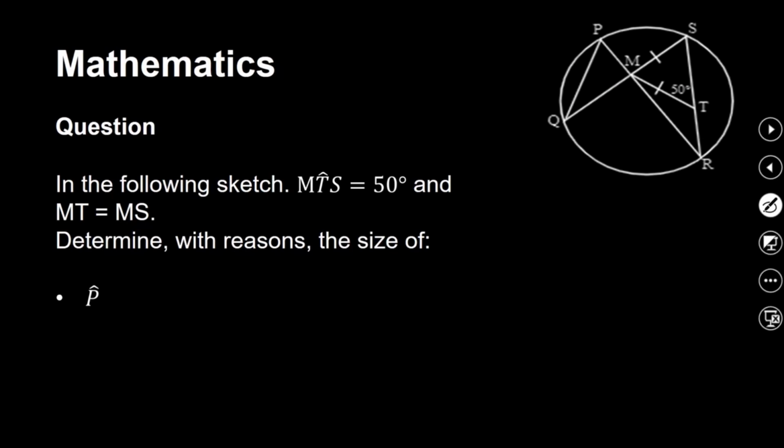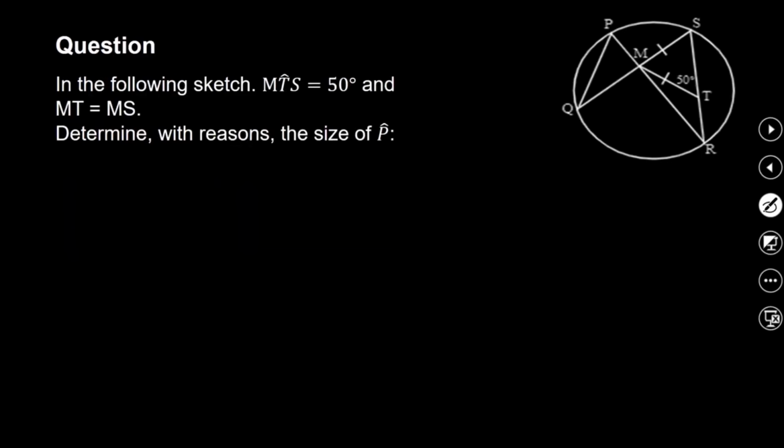Another question is in the following sketch, MTS is 50. I can see that. And I know that MT is equal to MS. So already with this diagram, I know that this angle here will also be 50 degrees, right? Reason being, this will be an isosceles triangle because I'm told that these two are equal.